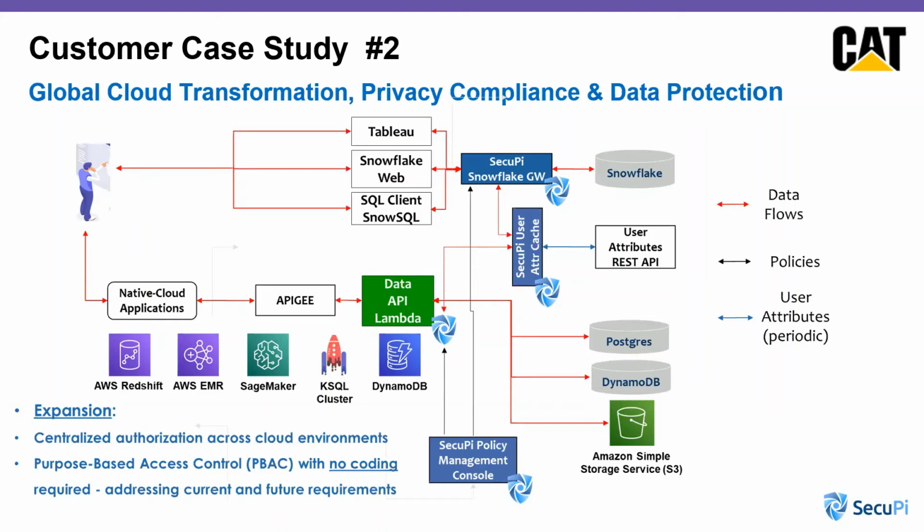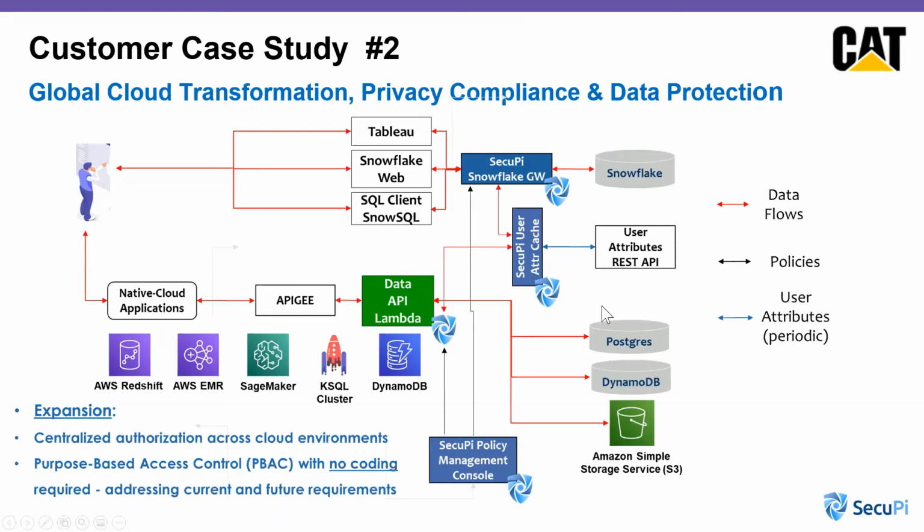They would have contracts with the DoD or military where for certain equipment, somebody had to be a US citizen to even know where that equipment was, for example, to know its physical location, right? For ITAR compliance, etc. So they needed to be able to control access based on a lot of different user attributes and apply that consistently while having the data mobility to move data from one platform to another, to move from one cloud provider to another without having to start over.